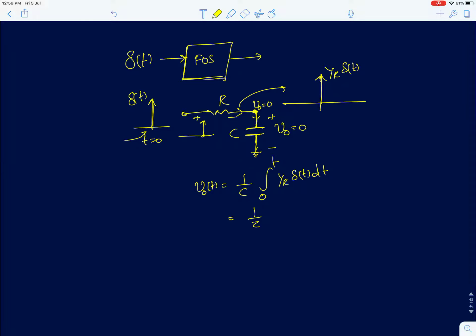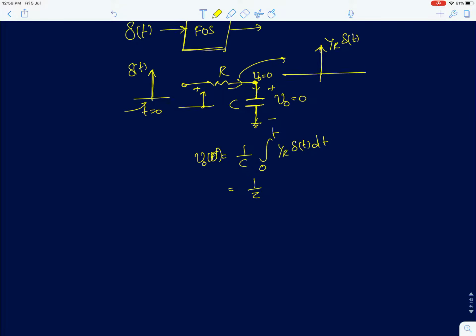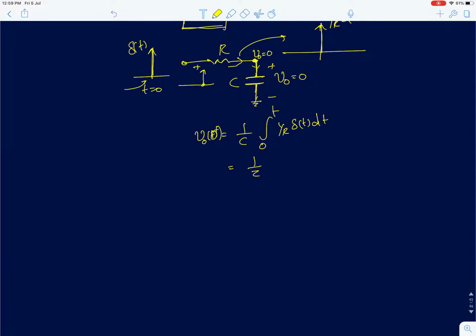So at 0 plus, suddenly the capacitor voltage will rise to 1 by tau. After that, the impulse function goes to 0, so the input can be treated as 0. I'll redraw the circuit like this: the resistor, and you have a stored voltage of 1 by tau across the capacitor.